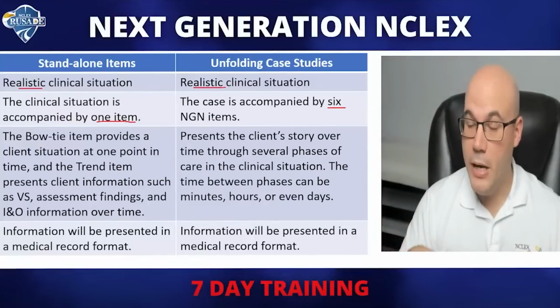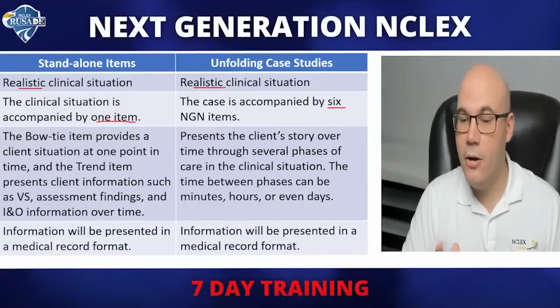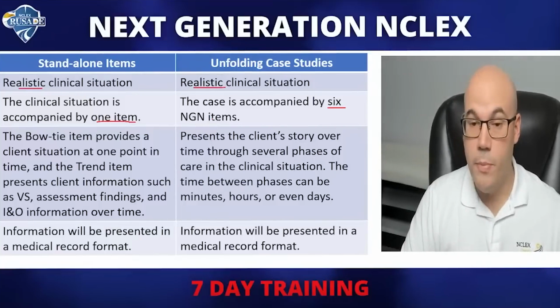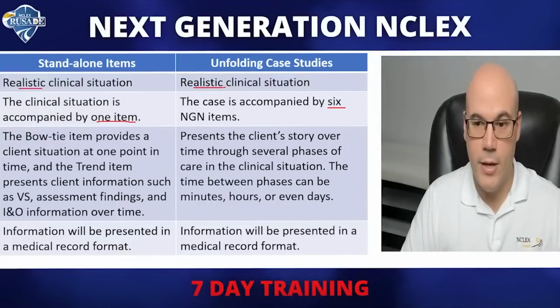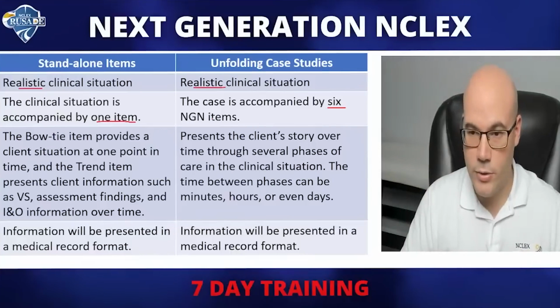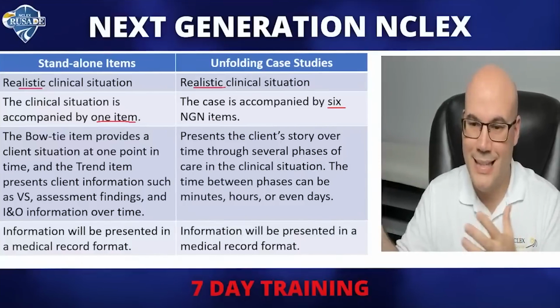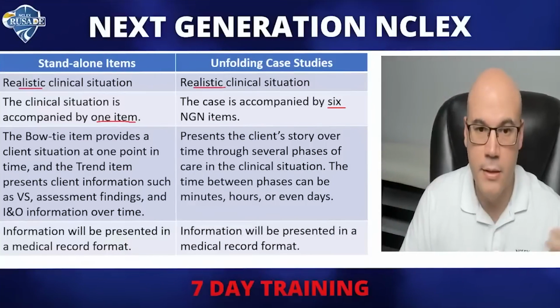The phases could be in minutes. In other words, the patient came and this happened, 30 minutes later that happened, an hour later that happened. Or it could be the patient came to the ER today, was transferred to the ICU, 3 days later went to step down, and then 4 days later was discharged home. So the time can be either in minutes, hours, or even days.